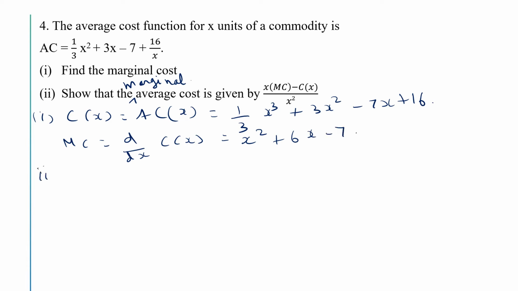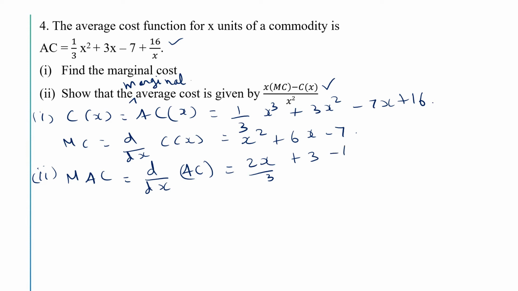Now the second subdivision, we have to show that the marginal average cost is given by x into marginal cost minus c of x by x square. So marginal average cost is nothing but the derivative of average cost. So from here we have 2x by 3 plus 3 minus 16 by x square.